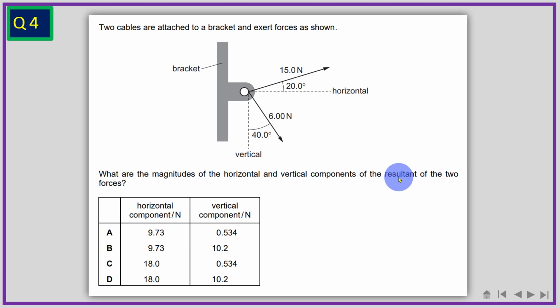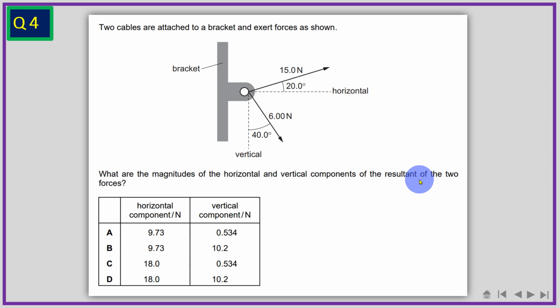Now, you will remember resultant force is the single force which represents all the forces which are acting on that object. For example, if I add 15 newtons and 6 newtons, I'm going to get one force which represents the 2 forces. That force is referred to as the resultant force.